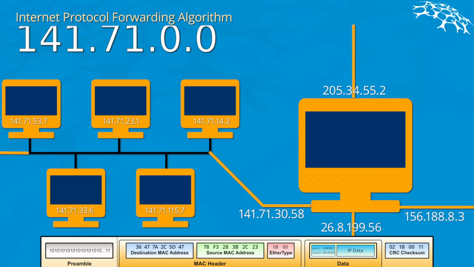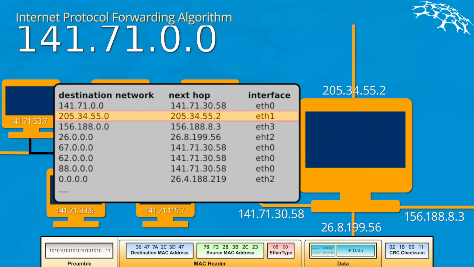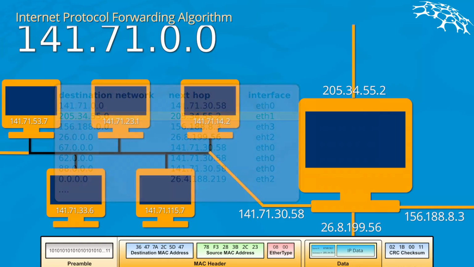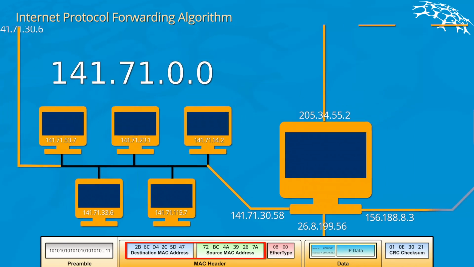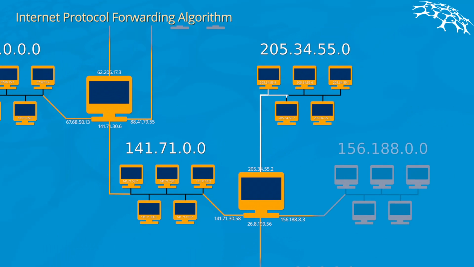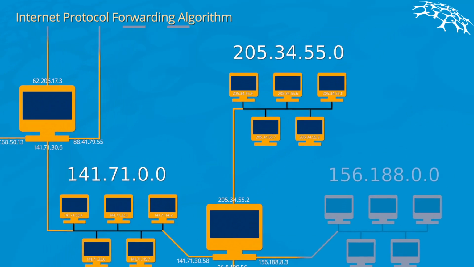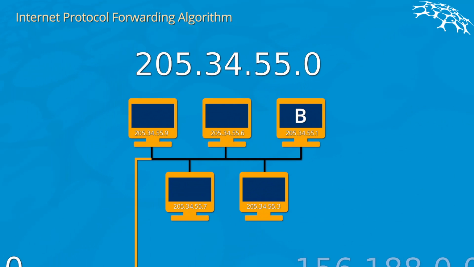Router 2 is already a member of the 205.34.55 network, and thus there is an entry for this network in its routing table. Again, another ARP request is used to get the MAC address of the destination computer. The frame is assembled and put on the wire. The destination host can read the data and respond, or do whatever it wants to do.